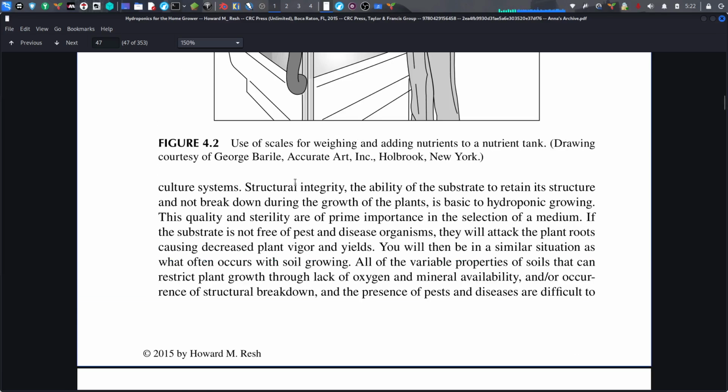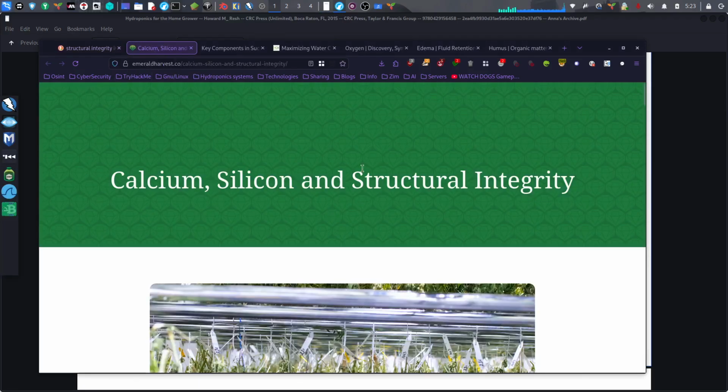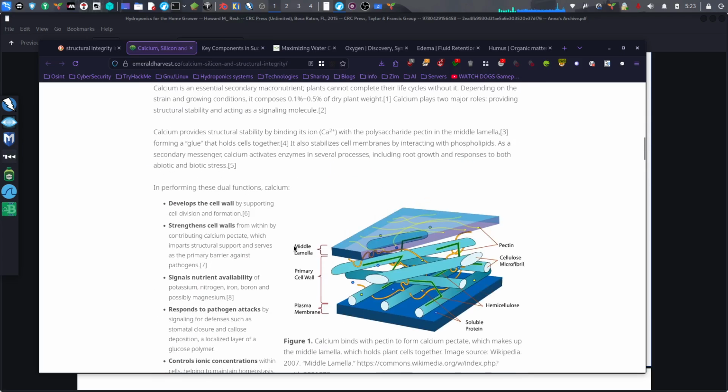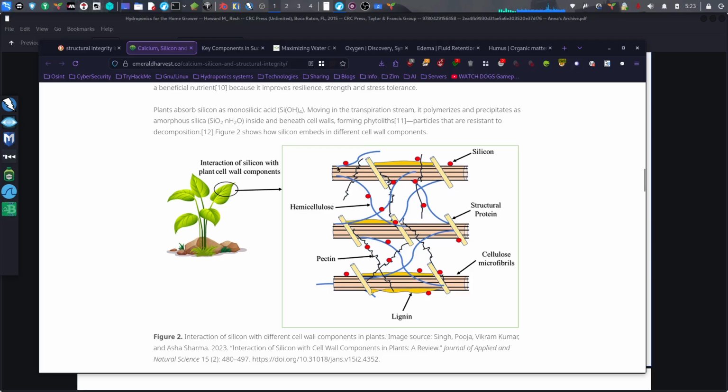Structural integrity, the ability of the substrate to retain its structure and not break down during the growth of the plants, is basic to hydroponic growing. How I understand structural integrity: we use a substrate that does not break the structure of the plants.